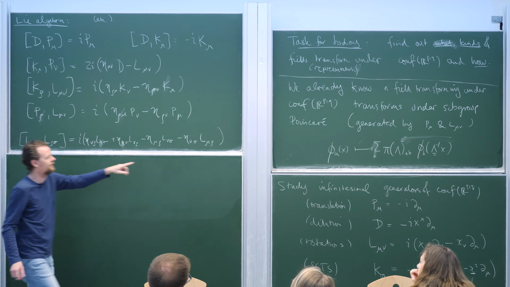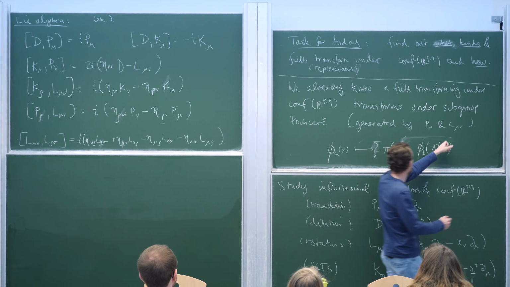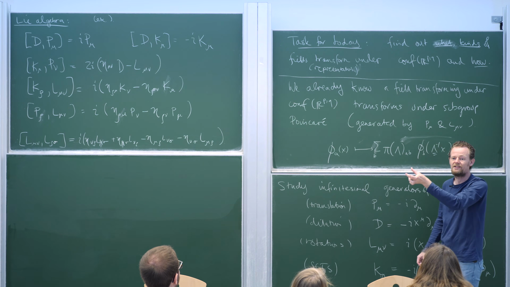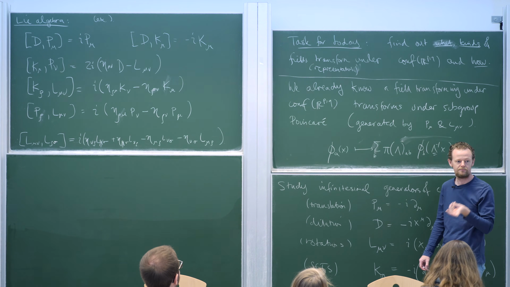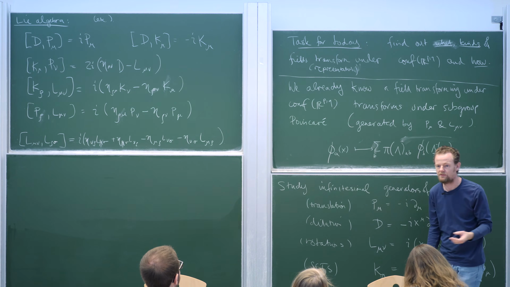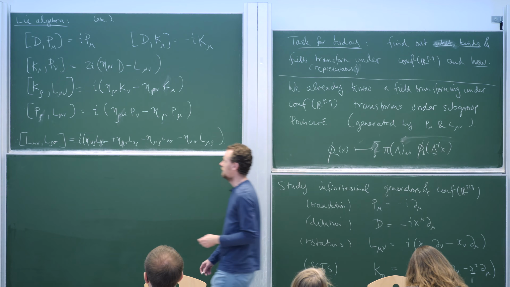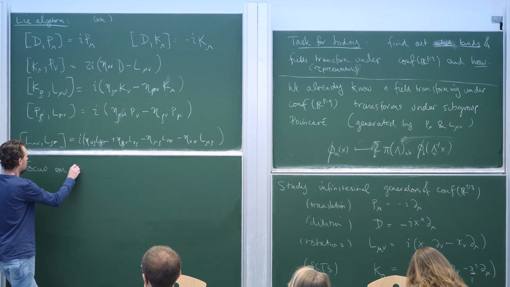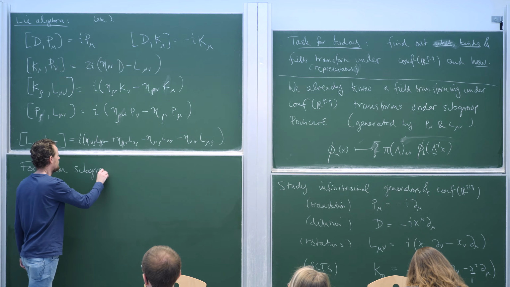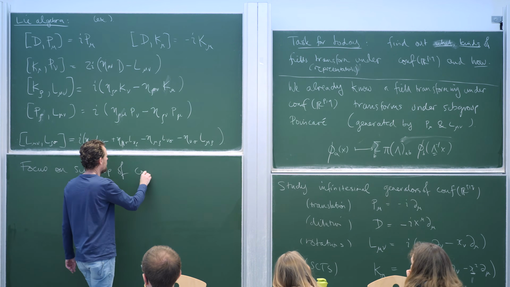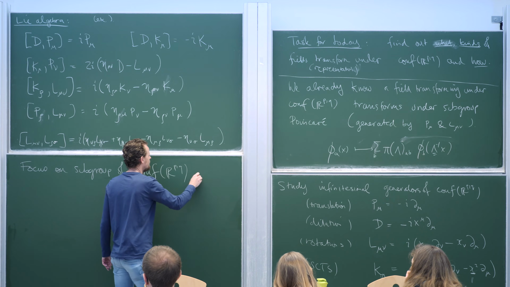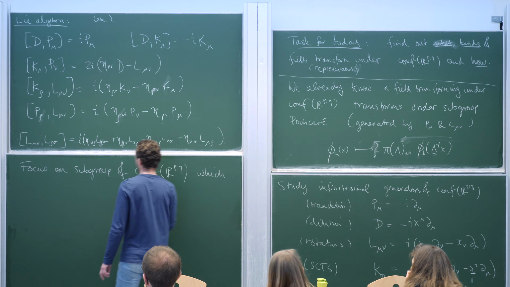All the non-trivial stuff in this transformation law is really the additional rotation that a vector field might experience when you do the rotation, or the boost, or the dilation. And to isolate that non-trivial dependence, we focus on the subgroup of conformal transformations which leave the origin fixed.